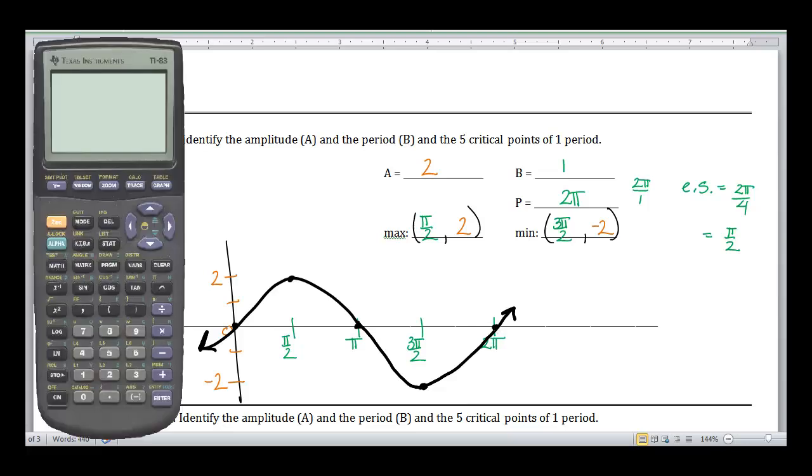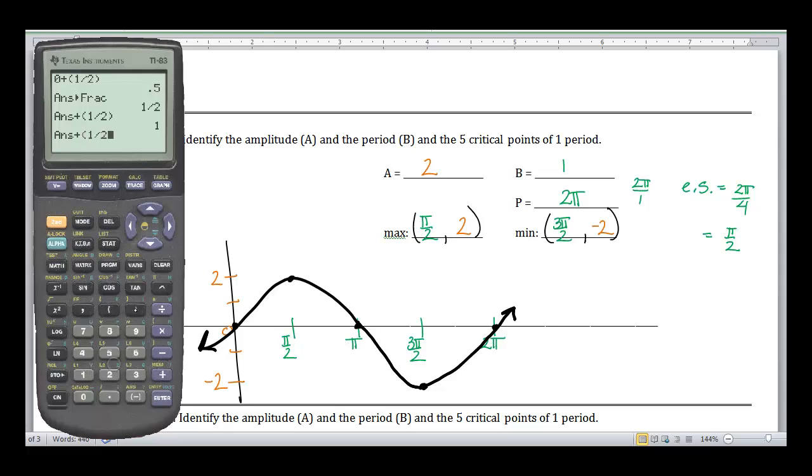If you're trying to do this on your calculator, you basically want to add things without the pi. So from 0, if I add 1/2, I get 1/2 pi, pi over 2. If I add another half, I get 1 pi.